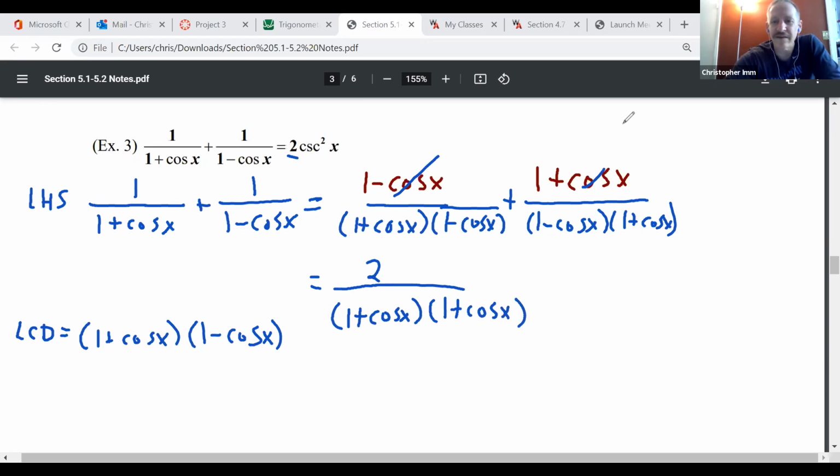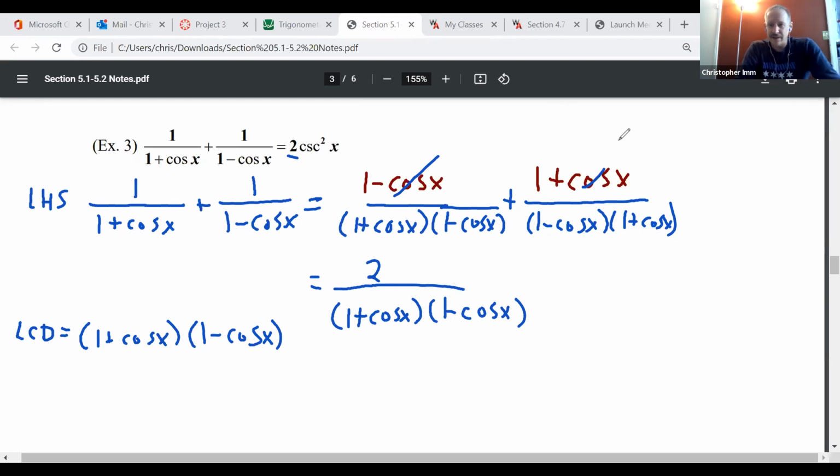And one of those should be minus. This is a minus there. Let me fix that: 1 minus cosine. Okay, so now I've taken two terms from the left and put them into one, which was desirable. Now the last thing I need to do is get a cosecant squared there.